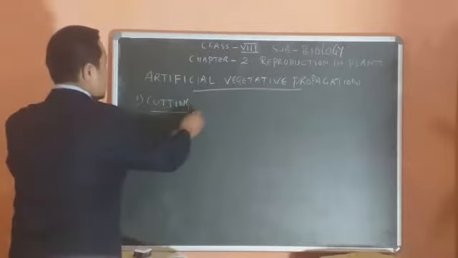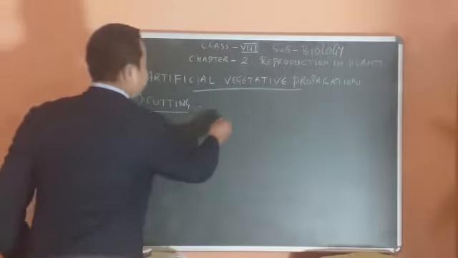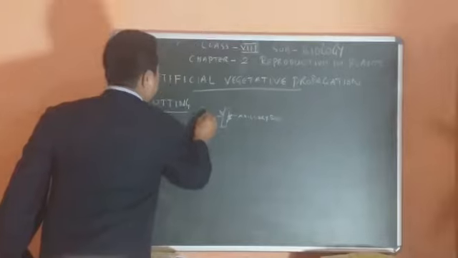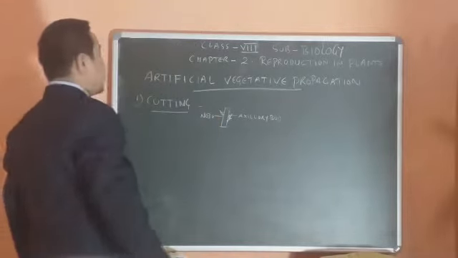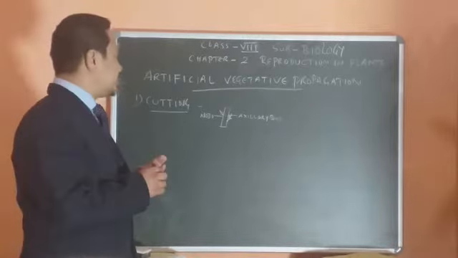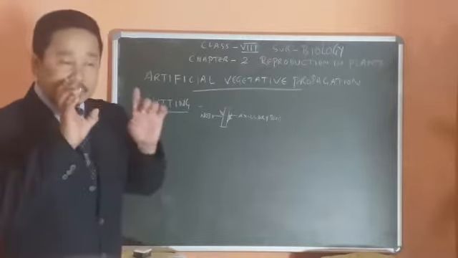So in cutting, what we are going to do, let's see. Auxiliary bud, node. So cutting, how we can do the cutting is that we select the plants.